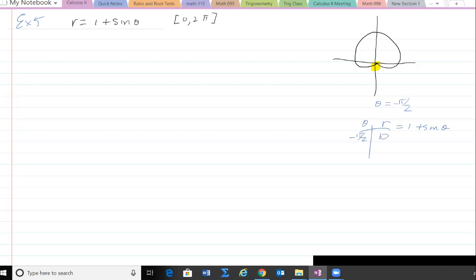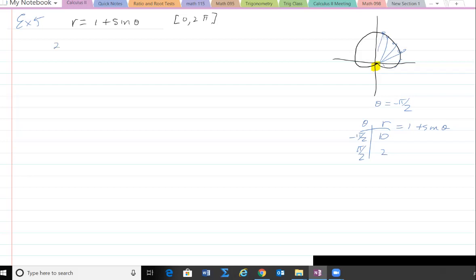Okay, and then the reason I chose that is because now I'm going to integrate straight up this way, coming along this direction, all along here, and stop at pi over 2, in which case you see r equals 2. Okay, so now if I get that and I double it, I'll have my answer.